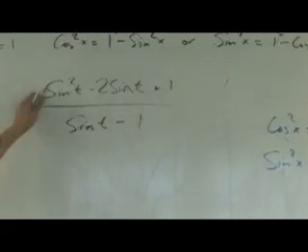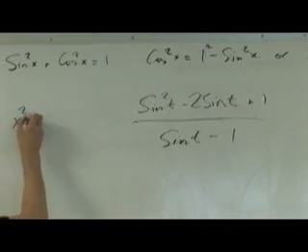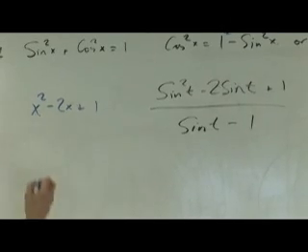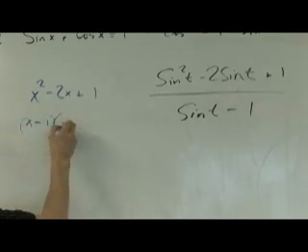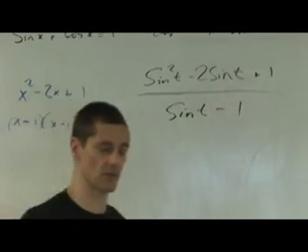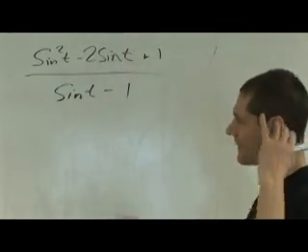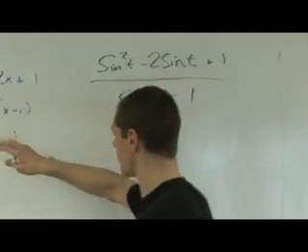This is a quadratic. If it wasn't sine x, we could think about this like this. This looks like x squared minus 2x plus 1. Hopefully everybody recognizes that this is x minus 1 times x minus 1. And if it's been a while since you've done algebra, you might be wondering how I got this, but we backwards factored this, right?